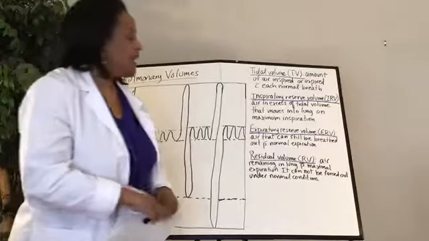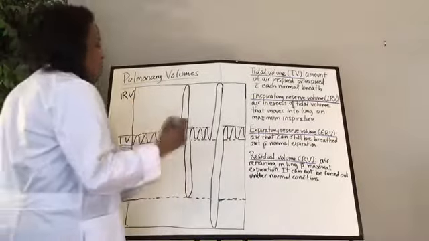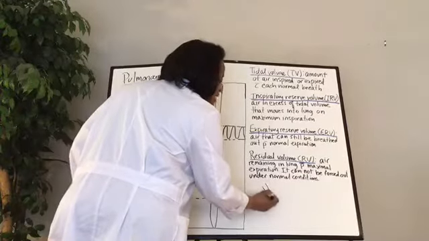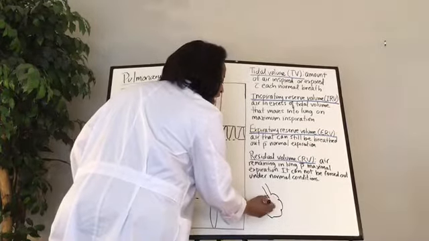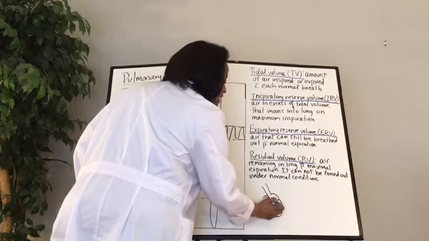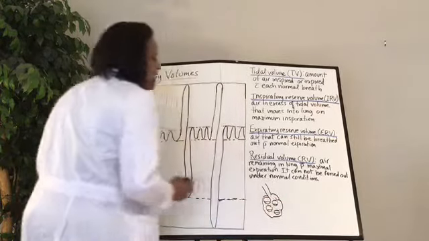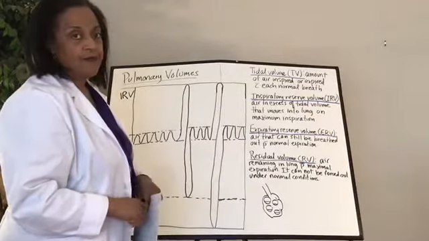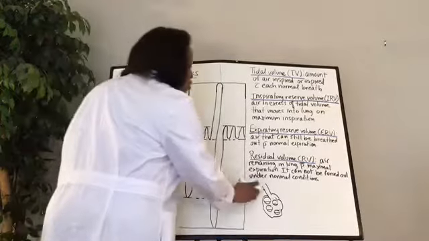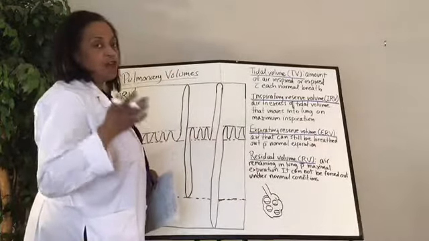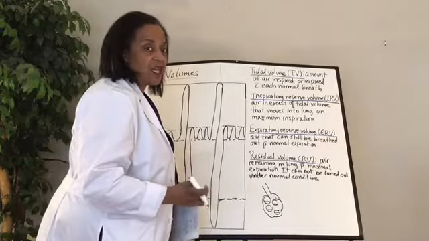For example, let's draw an alveolar duct, the alveolar sac, and then the alveoli here. I'm just going to put a little line here to show that that is the residual volume. Under normal conditions, this residual volume is going to remain in the lung.